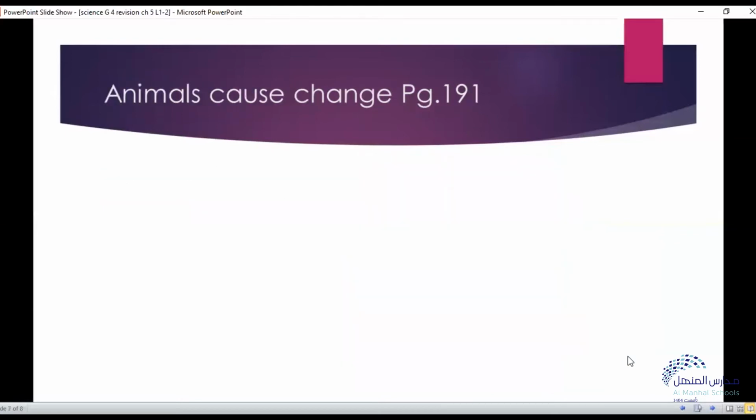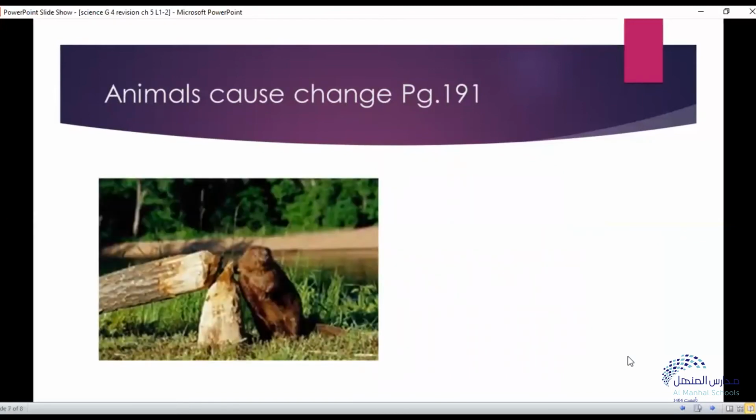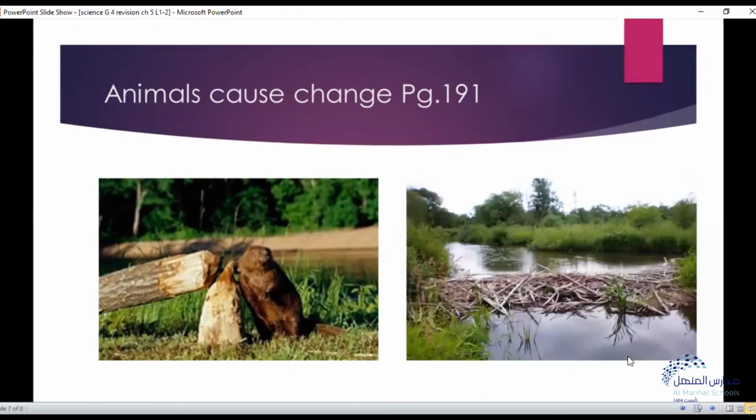Animals cause changes on page number 191. The beaver is one of the well-known animals that change their environment. They normally build their dams of wood that they cut down with their teeth and put into streams, blocking the stream and causing a little pond at the back of that dam.